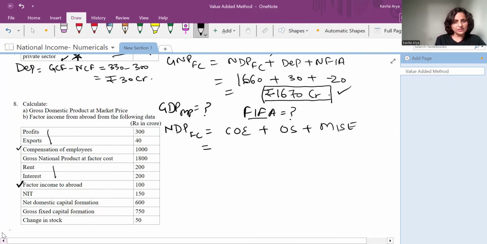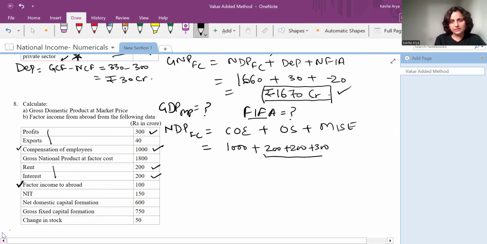So compensation of employees is given as 1,000. Operating surplus, we have to use this operating surplus. Because clearly it's not given, let's club it: rent, interest, royalty is not given, and profits are given, so it is 300.